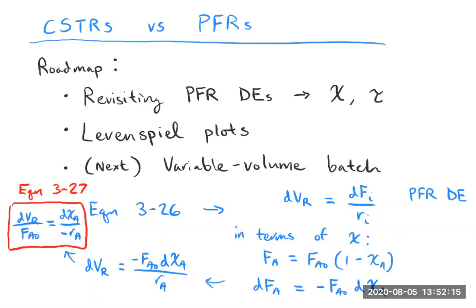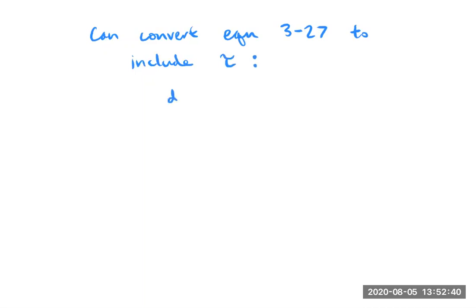So you can do a little bit more here. Let me go to the next page for that. You can convert equation 3-7 to include residence time. And if you were to do that, you get this: d tau naught equals CA naught times dXA over minus RA.